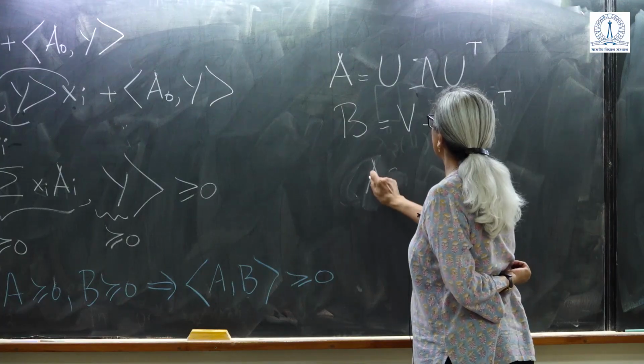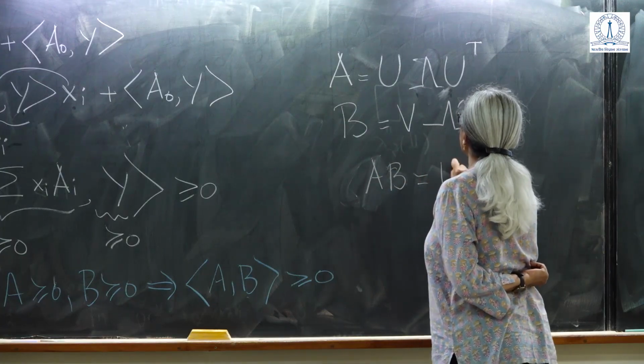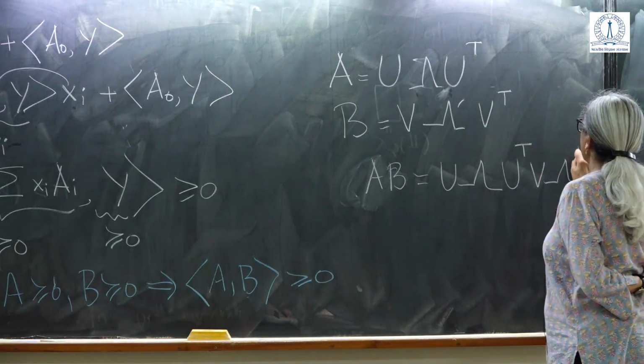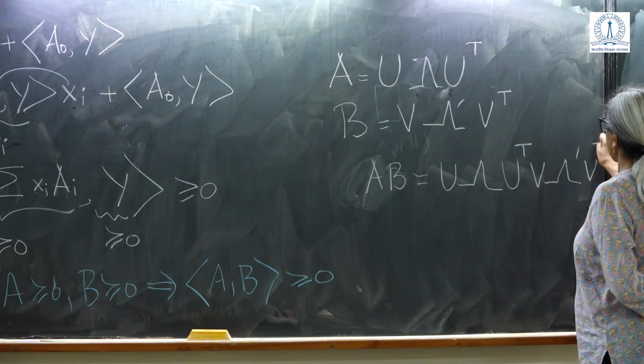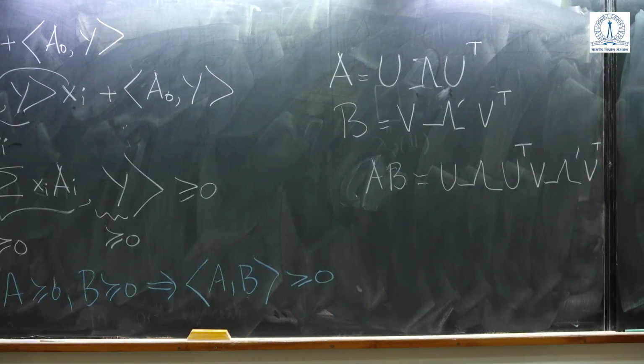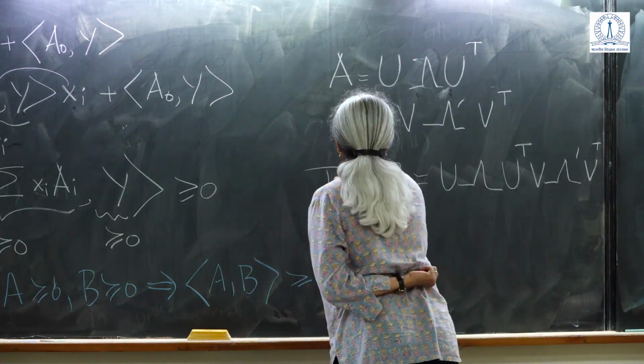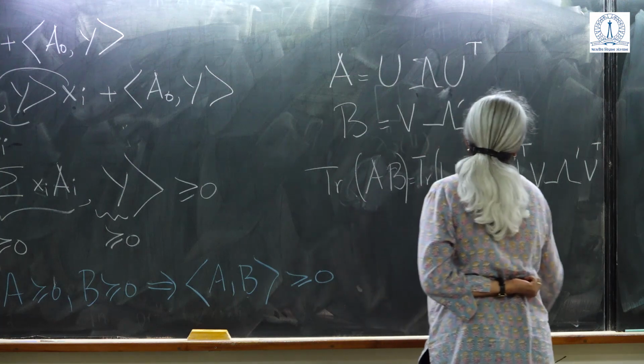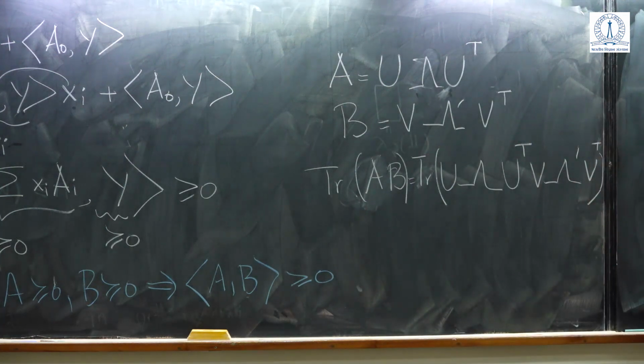So what happens if you do AB? AB is U lambda U transpose V lambda prime V transpose. Then I need the trace of this. Now trace is cyclic, so you can rotate things around inside the trace and it won't change things.